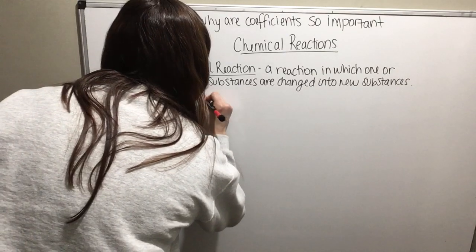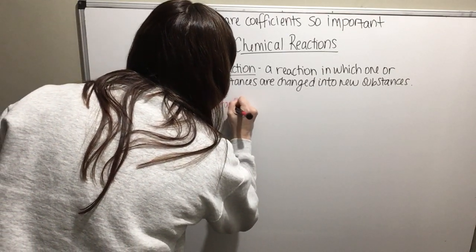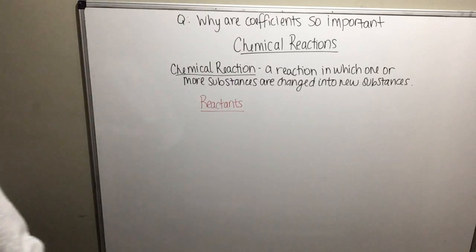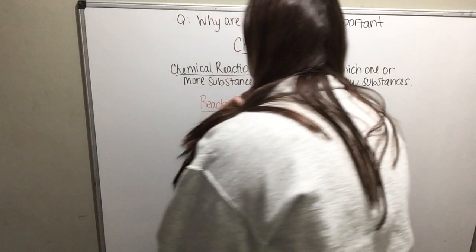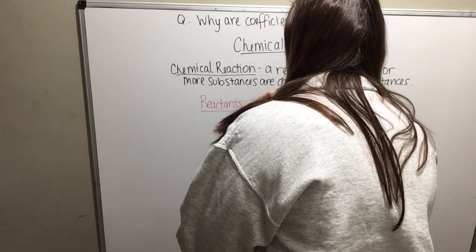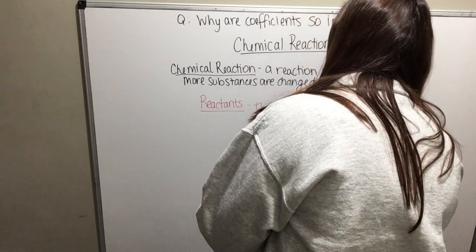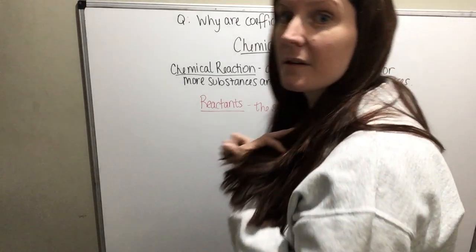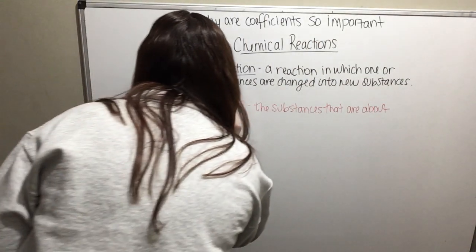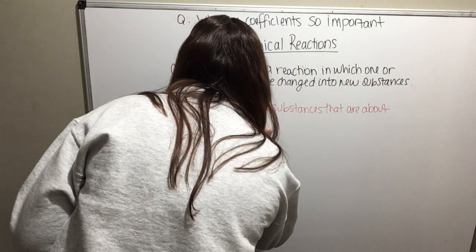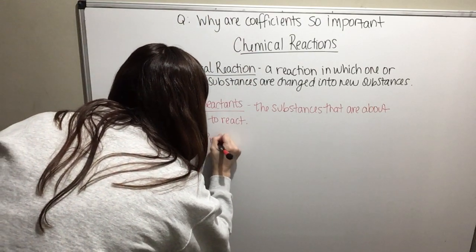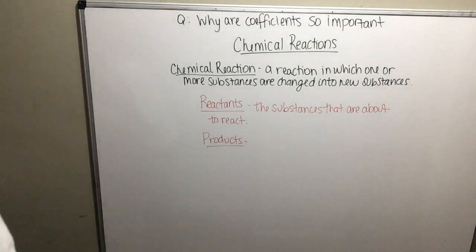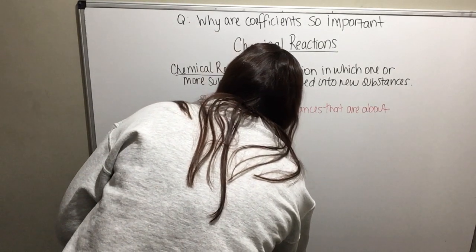So first of all, we have reactants and we have products. So reactants are the substances that are about to react, and products are the new substances produced.